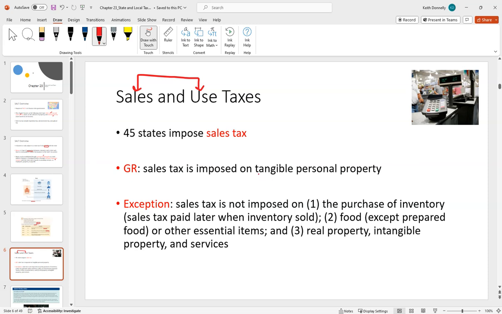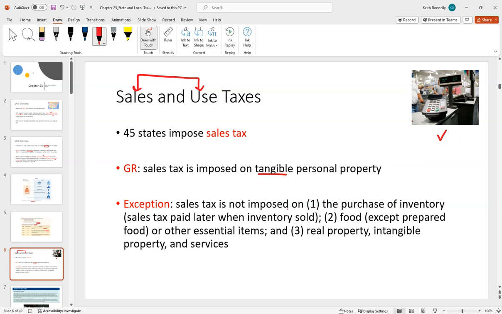Sales tax is imposed on the sale of tangible personal property, right? You go to the store, you check out, it's $1, you're going to pay $1.07, right? That's 7 cents in sales tax. The business, right? They collect that 7 cents. And then periodically, once they build up that kind of reserve, they send it off to the state and local government who collects the sales tax.